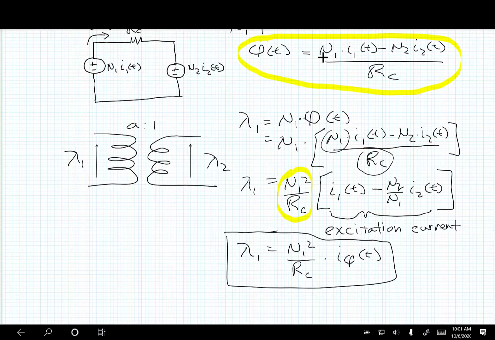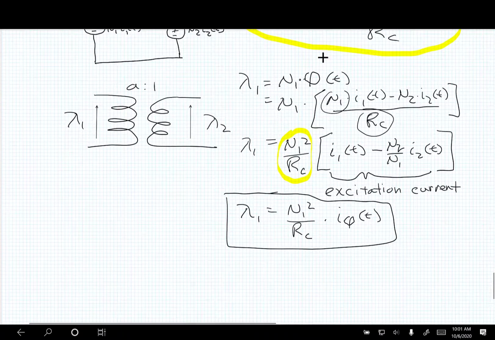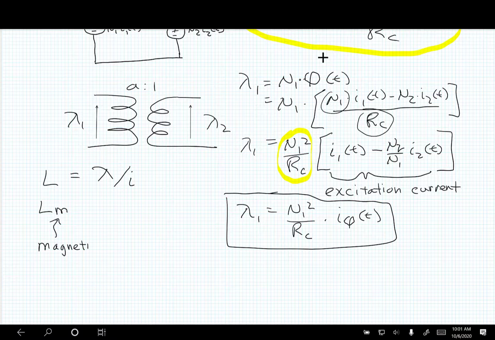So that's the flux linkage looking into the primary side of the winding. Now we know that L is lambda divided by I in general, whatever current was applied. So we can come up with something that we're going to call a magnetizing inductance. Really, we're looking at the transformer as an inductor now from the primary side.